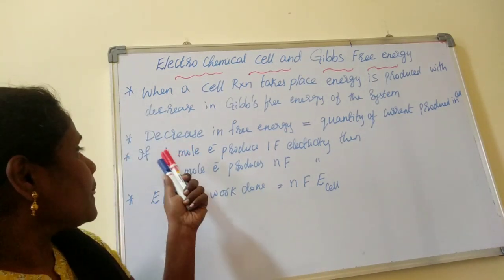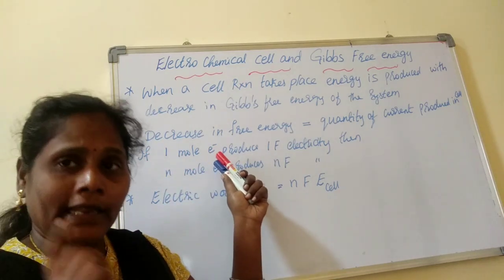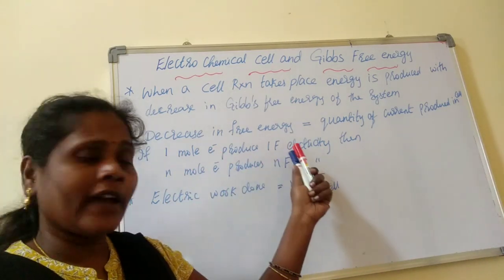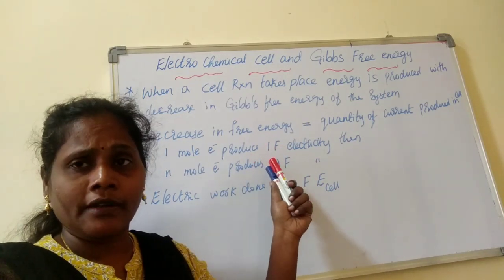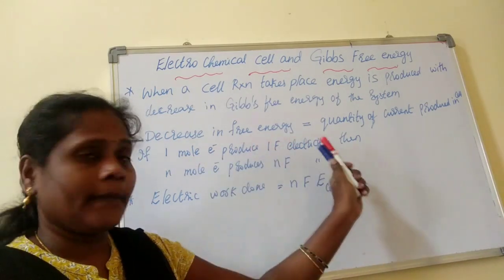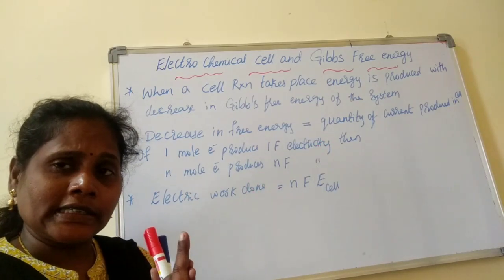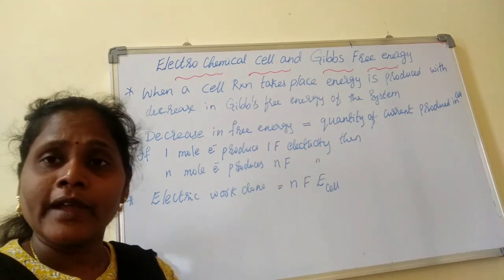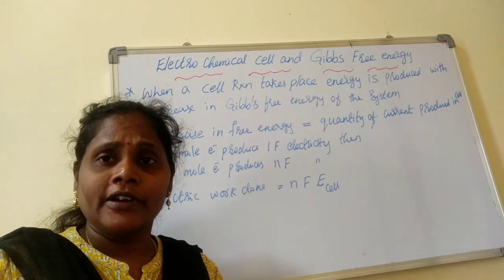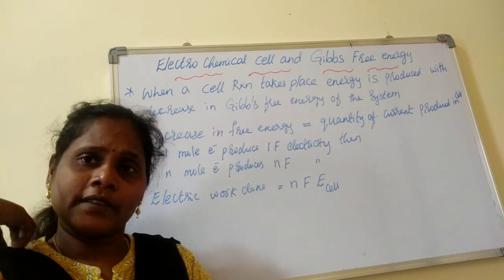Okay. Then, 1 mole of electrons produces 1 Faraday of electricity. This is Faraday's law. Just remember it, as it is not given for you. But remember this statement: 1 mole of electrons will produce 1 Faraday of electricity. 1 Faraday means 96,500 coulombs, right? That one only.